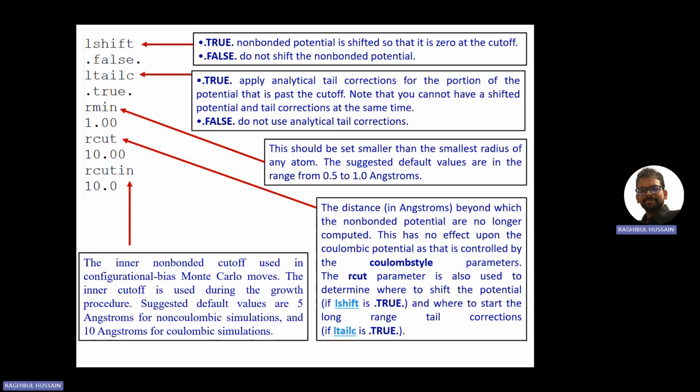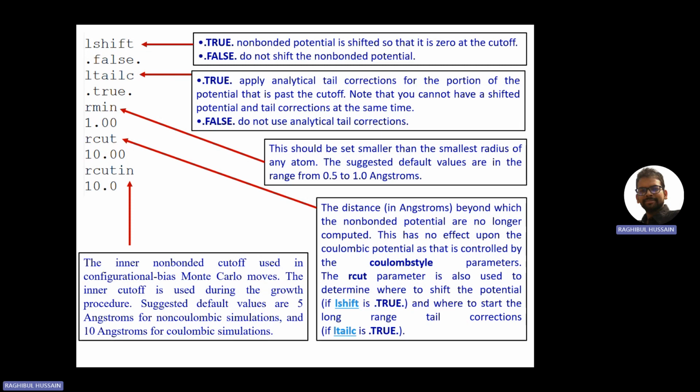Then we have R mean. R mean means minimum R, minimum radius. You can read, this should be set smaller than the smallest radius of any atom. In the Van der Waals equation, we are doing the calculation till cutoff.